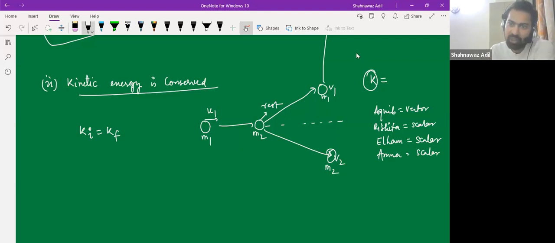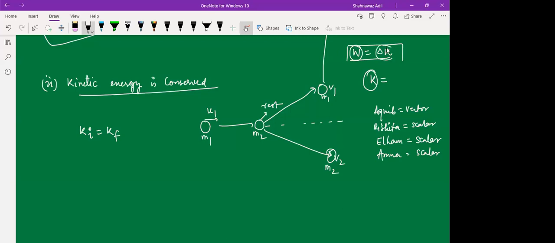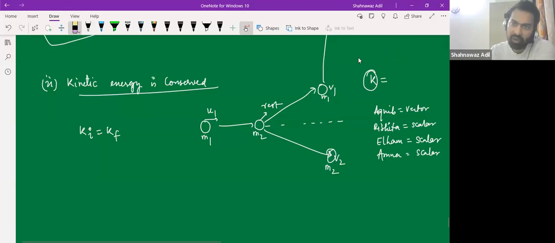From the work energy theorem we can also find that out. Work is the change in kinetic energy, right? Work is a scalar quantity, so kinetic energy is also a scalar. We can also see it from the formula: kinetic energy is half mv square.